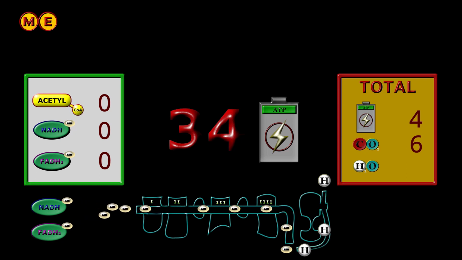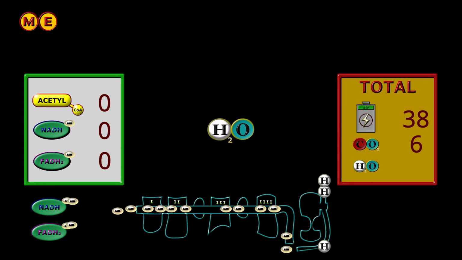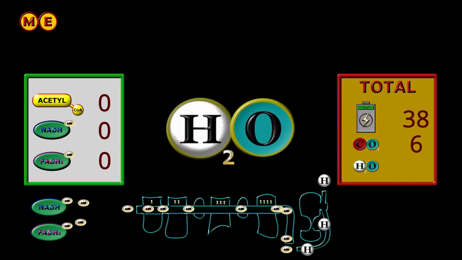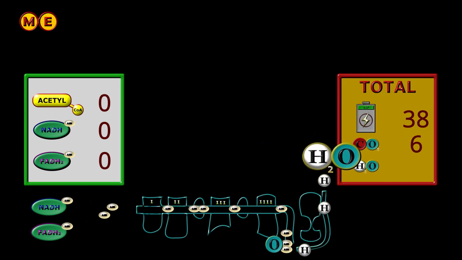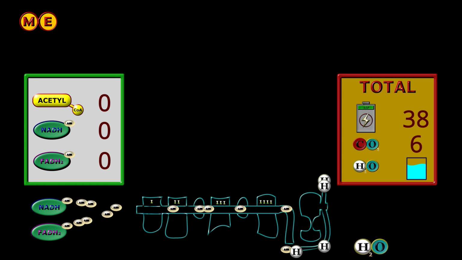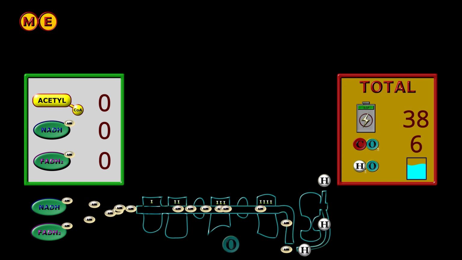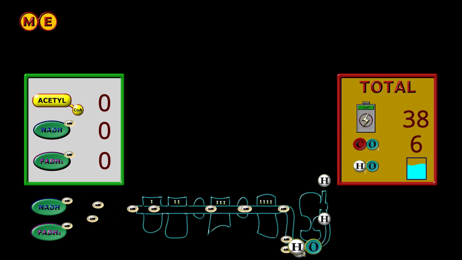So we get a total of 34 ATP from the electron transport chain. In addition, the electron transport chain produces water as a byproduct, because the positively charged hydrogen atoms that oppose the negatively charged particles combine with oxygen to form H2O. So in general, 1 molecule of glucose gives us 38 ATP, 6 CO2 and some water.